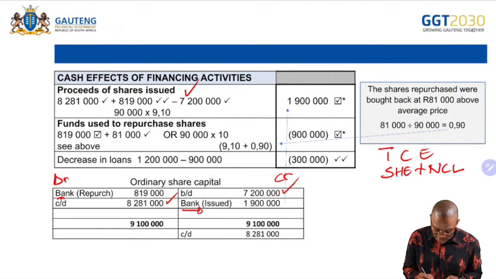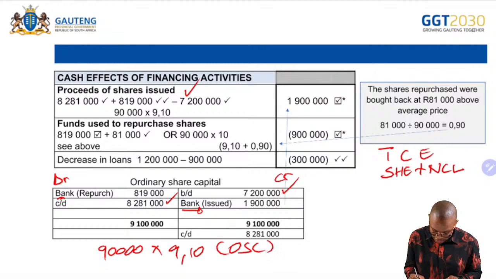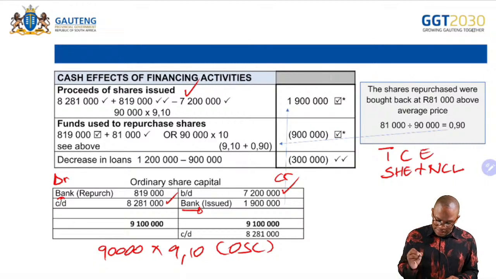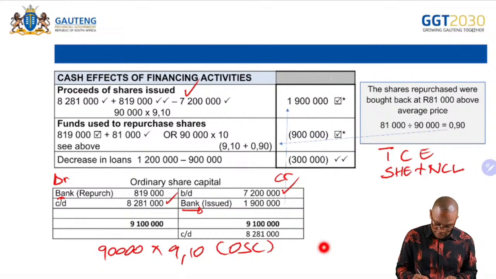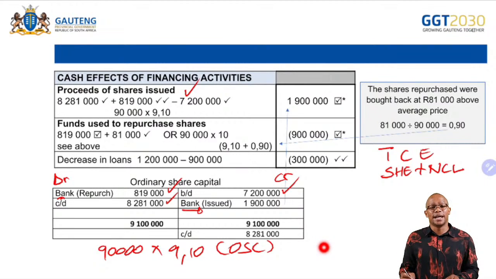So you're going to say 90,000 multiplied by 9 rand 10 cents. Remember, this one is for ordinary share capital. So you will get 819,000. That is the amount that we're going to pay from ordinary share capital. So here it is, 819,000. I hope it makes sense, Mense.